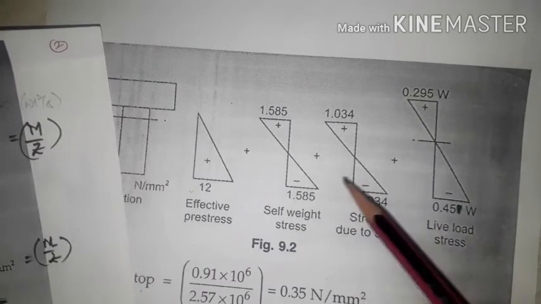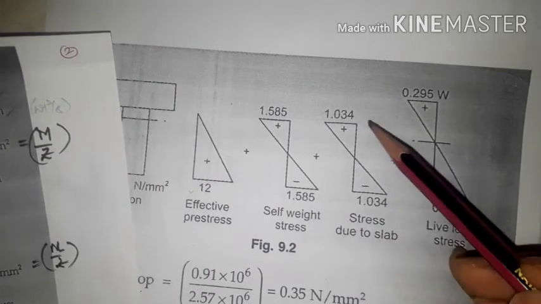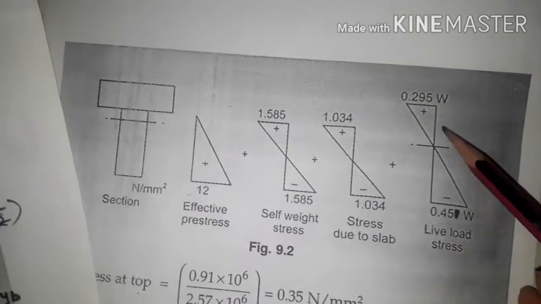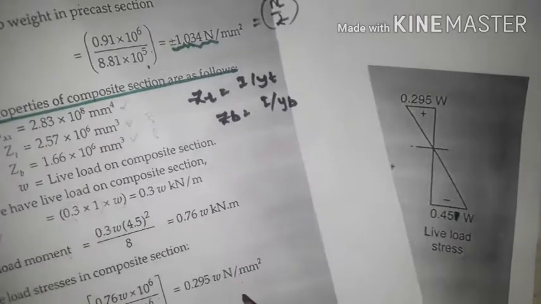Okay, then after that we have the stress due to the slab, which we also calculated. Then the stress due to live load, which we have calculated here, you can see.